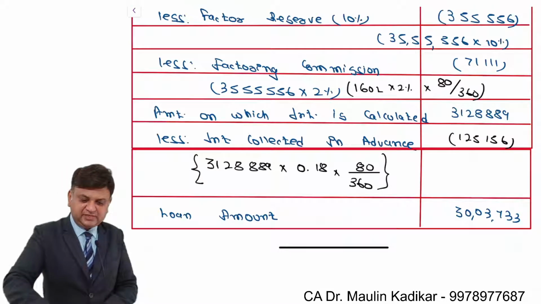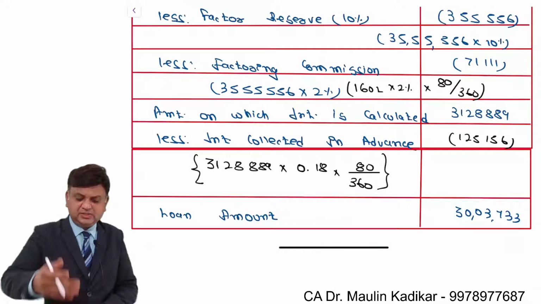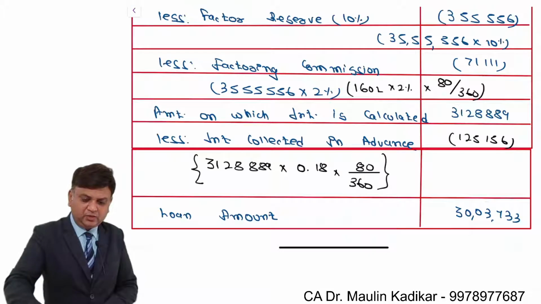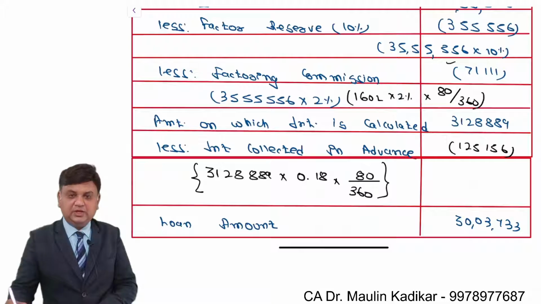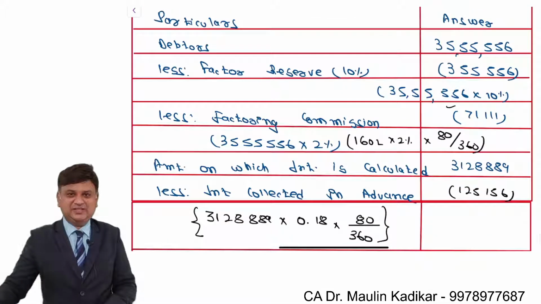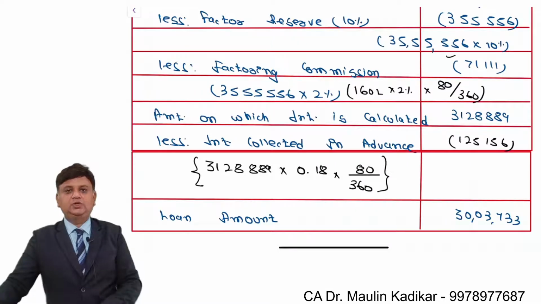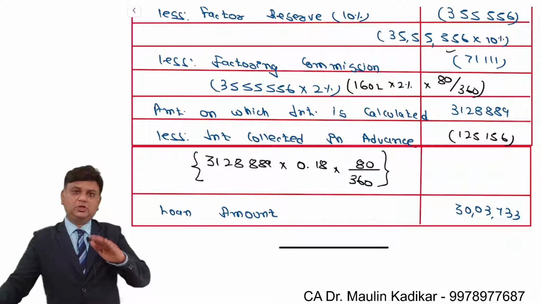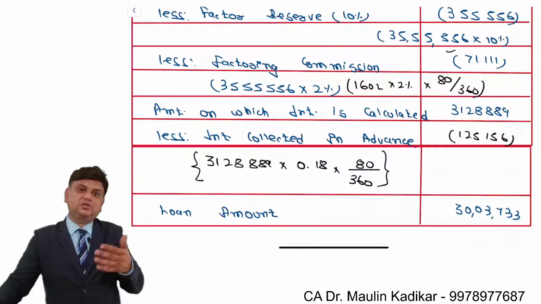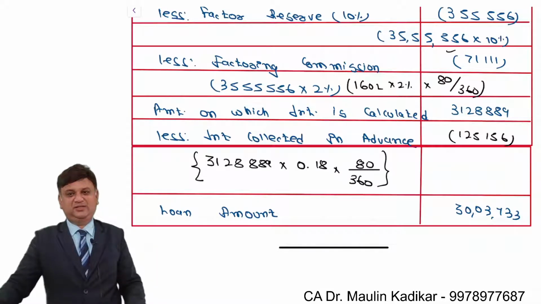So we can say that 160 lakhs into 2%, that is 3,20,000 into 80 divided by 360. That is also the way we can compute the amount of the factoring commission to be deducted in advance. So try to do step number 3 on your own. That is the total cost for the in-house and total cost for the factoring services.